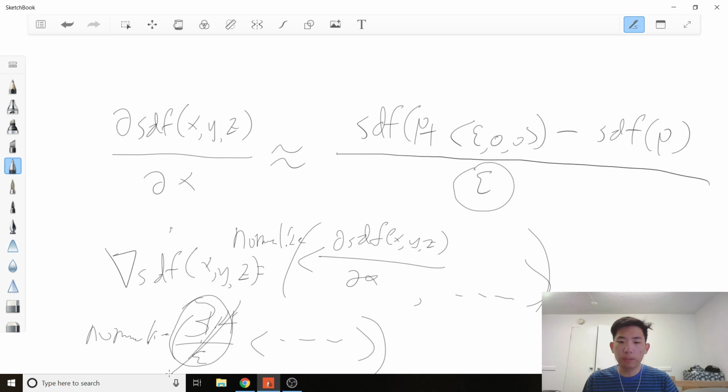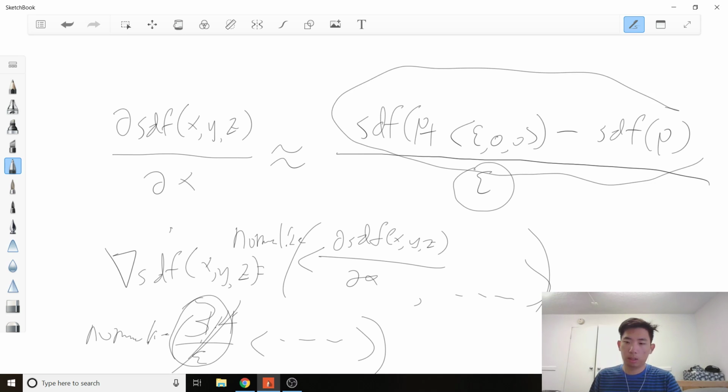So we can just get rid of this term, the division by epsilon step itself, because we're going to normalize the thing afterwards anyways. So really what that leaves us is this expression over x dimension, y dimension, and z dimension. And we normalize this, and this will give us the approximated normal vector of the surface.